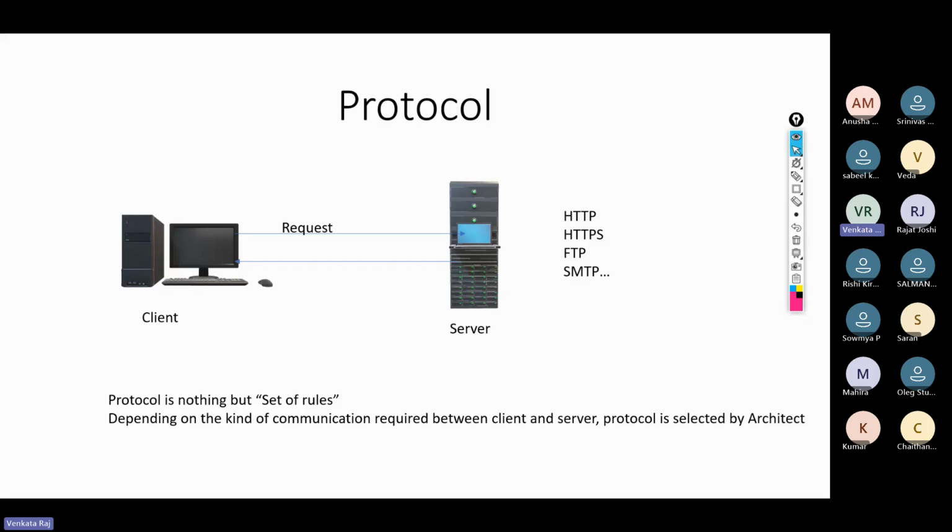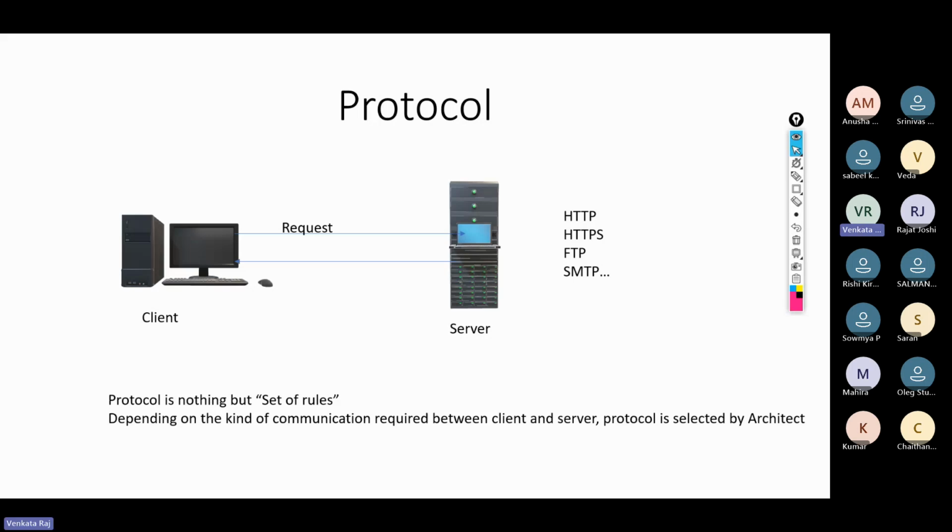If the communication between client and server is all about transferring files, then the protocol they choose is the file transfer protocol. Or if the communication is all about exchanging emails, then they will use the SMTP protocol, simple mail transfer protocol.